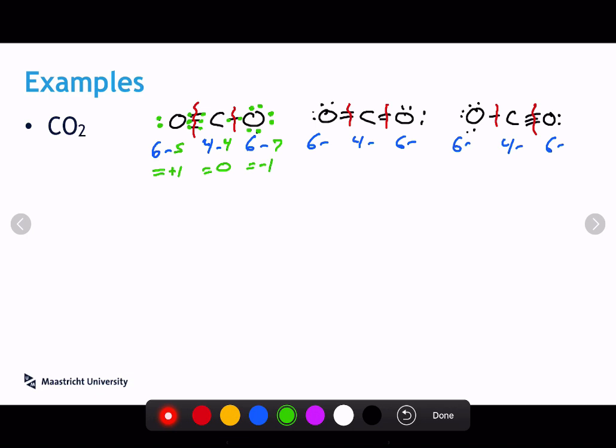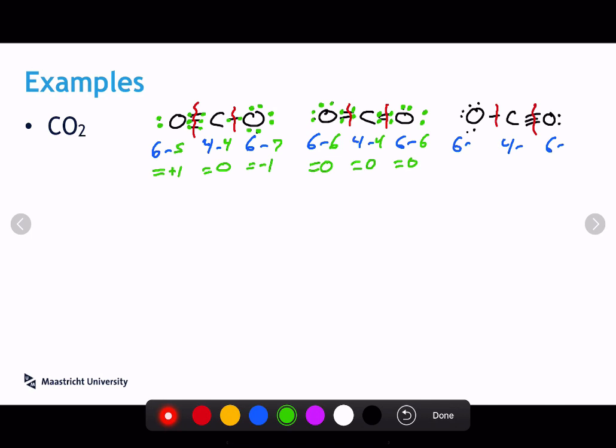Let's take a look at the middle structure. For the left-hand oxygen, we've got 6, so 6 minus 6 is equal to 0. The carbon has 4, which is equal to 0. The other oxygen has 6, so 6 minus 6 is equal to 0. The structure with two double bonds gives a 0 formal charge for all the atoms, and that's the ideal situation.